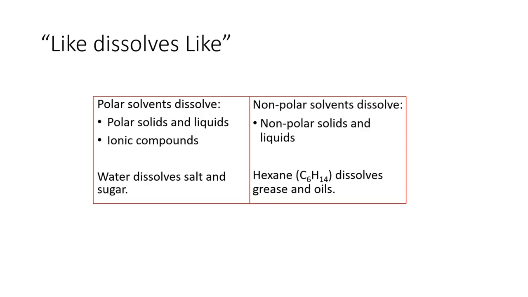Whereas if we want to dissolve something like oil, we need a non-polar solid or liquid. And in the case of oil, methylene chloride is a great solvent. Hexane is a great solvent. But you should know what you're trying to dissolve and get rid of, and use the appropriate solvent.